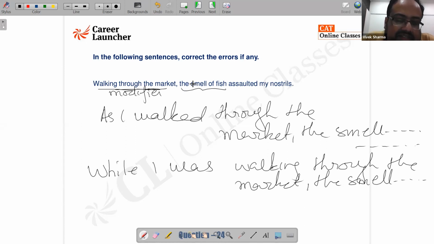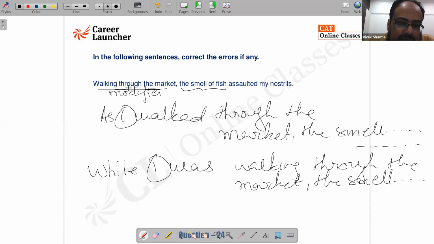So in the original sentence, it seems that the modifier is modifying the smell of the fish. The smell of fish could not have been walking through the market, right? It was I who was walking through the market, right? So that has to be made clear. In this particular question, it is very difficult to correct the error by keeping the first part the same. Right?